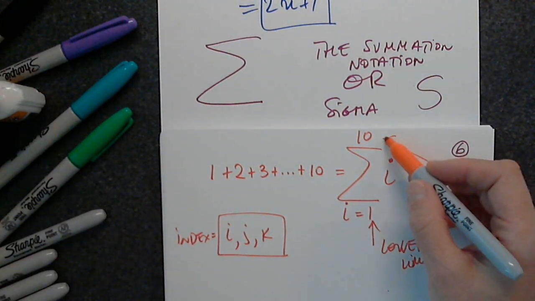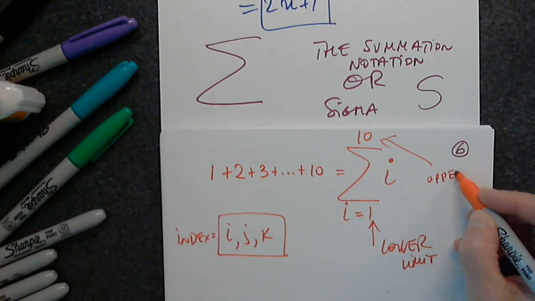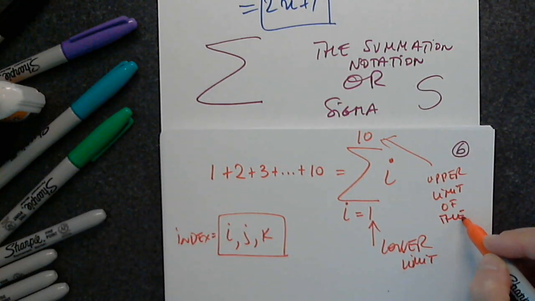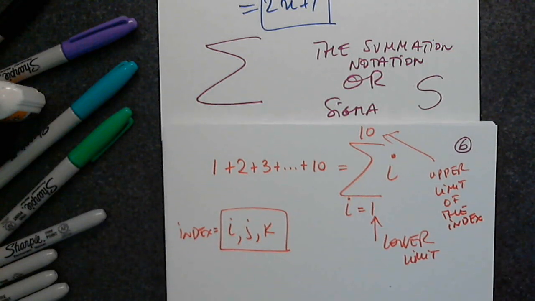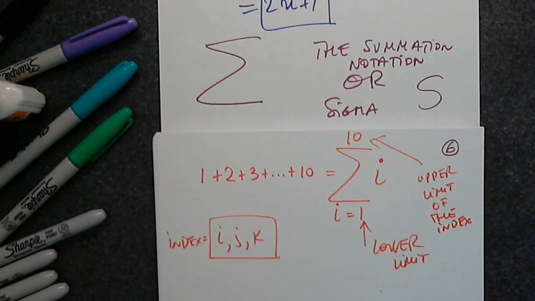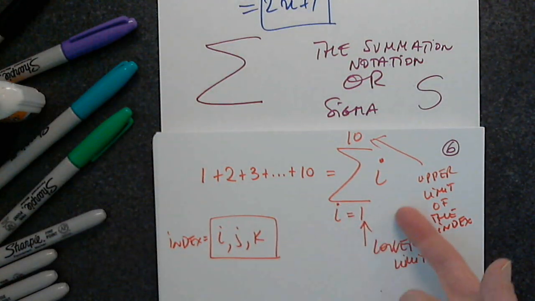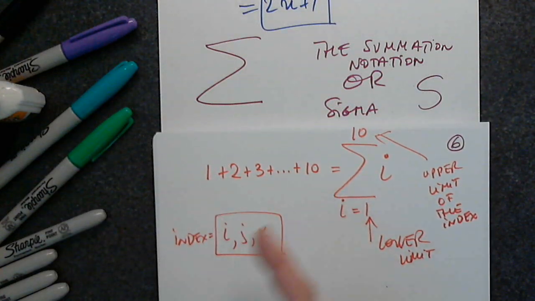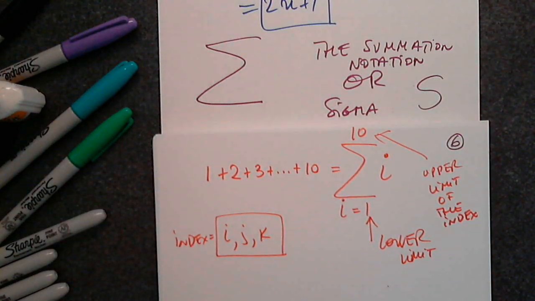So 10 is the upper limit of the index. And now you'll say, this is not that big of a deal. Why do you have to use this sophisticated notation for these 10 simple numbers? It's because it's way more convenient, and you'll see why.